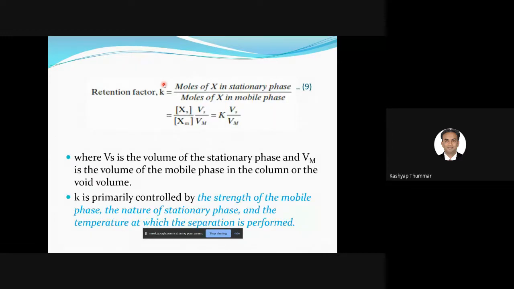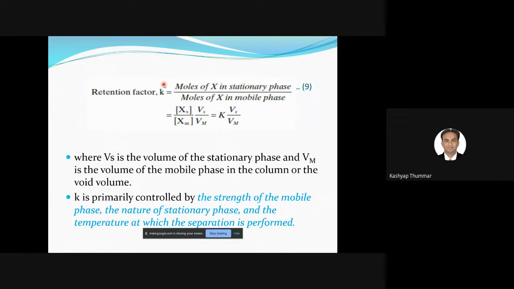So if we take the moles of X in the stationary phase and the moles of X in the mobile phase, then we get the equation: retention factor equals capital K, the partition coefficient, times the volume of the stationary phase divided by the volume of the mobile phase.